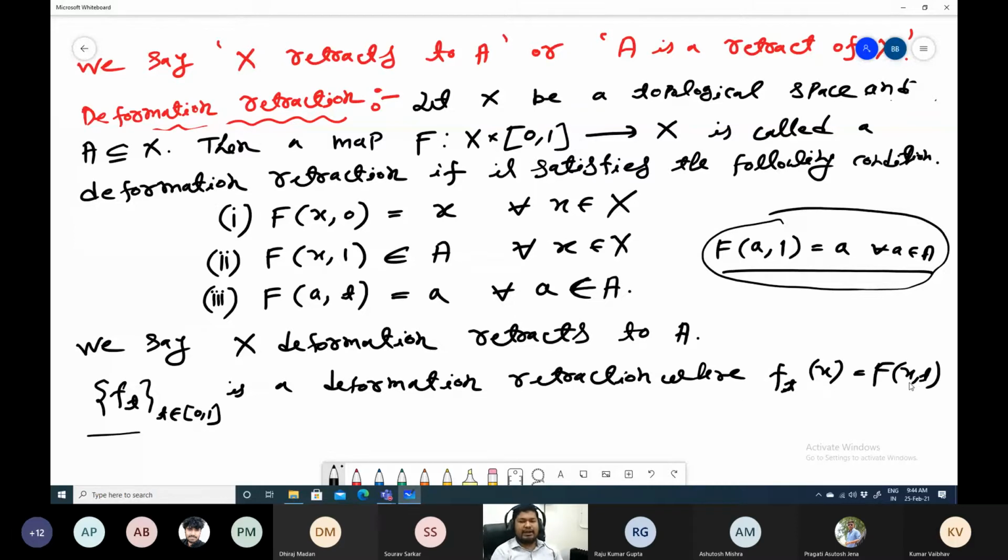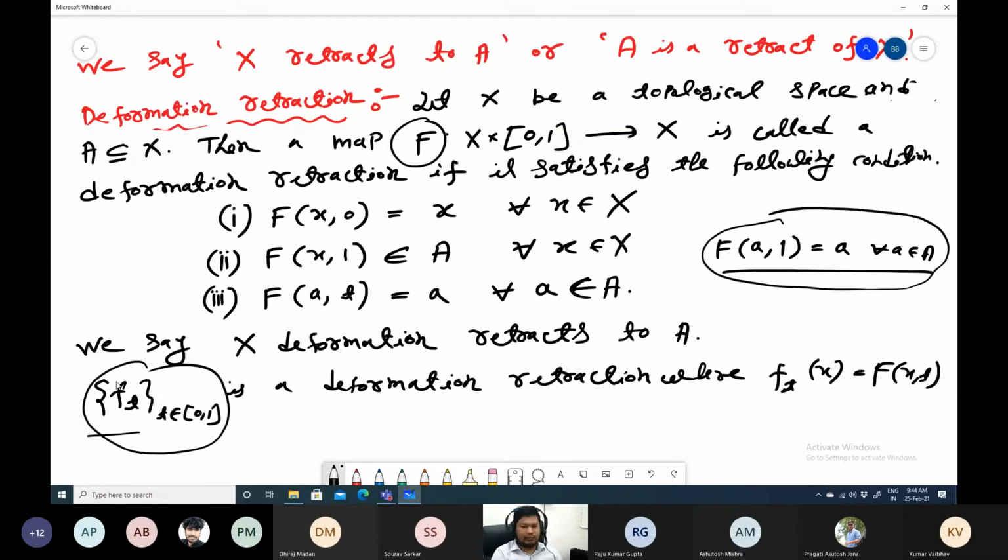So when we say X deformation retracts to A, we can say that via the deformation retraction F, or via this family of maps, not paths.